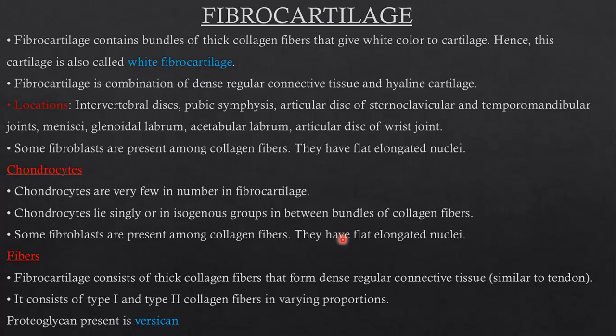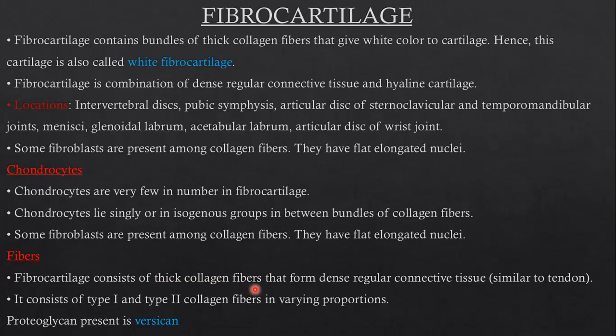And here, let's look at these collagen fibers. Which type? Fibrocartilage consists of thick collagen fibers, in fact, not fibrils, because they contain type 1 collagen fiber. Type 1 is the main collagen fiber, and type 1 has the ability to polymerize.